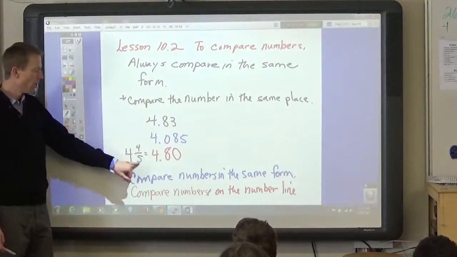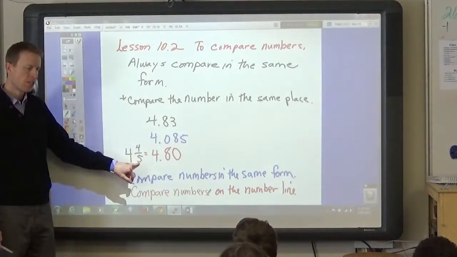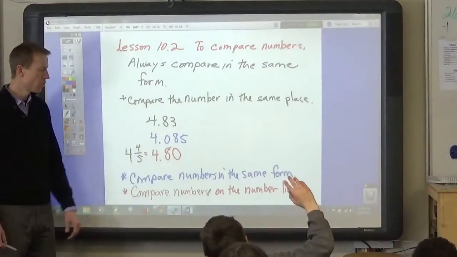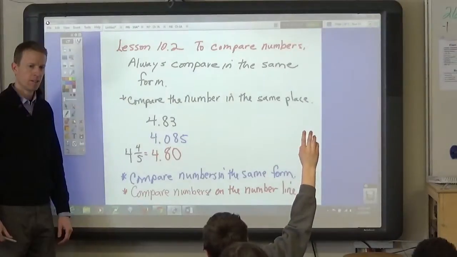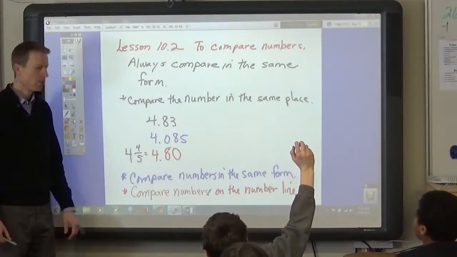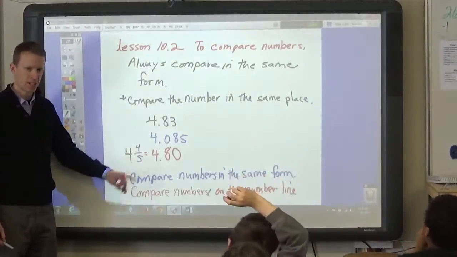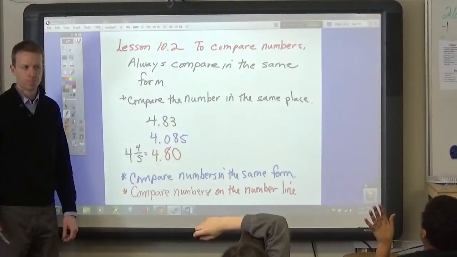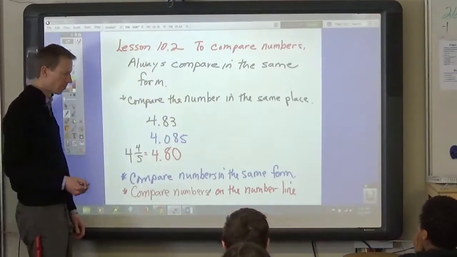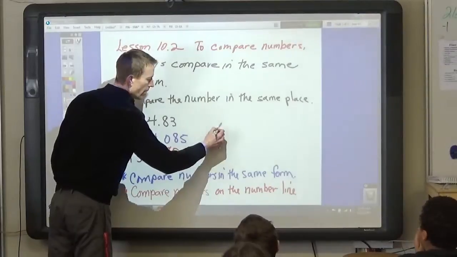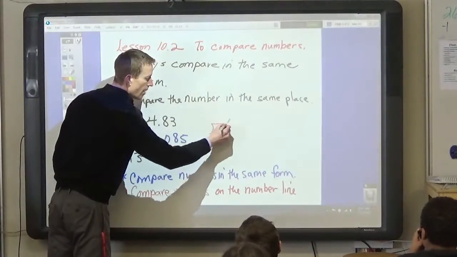Then 4 and 4/5. How do we change 4/5 to a decimal? Sam? 4 divided by 5, right. 4 divided by 5.